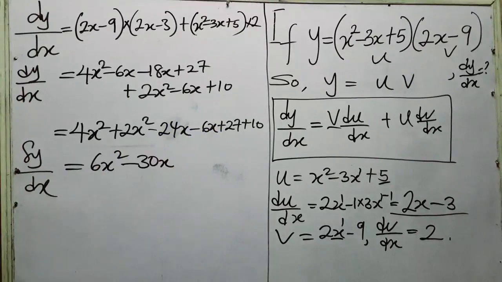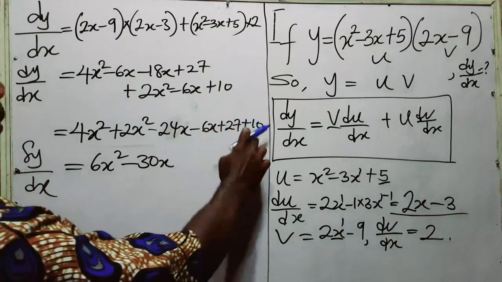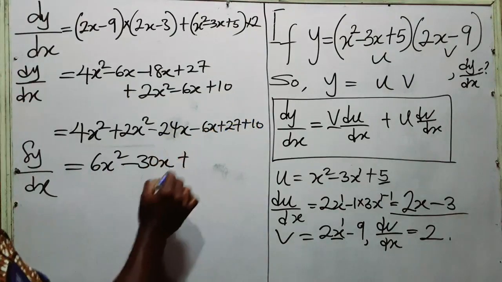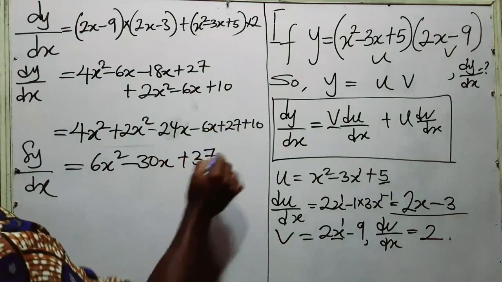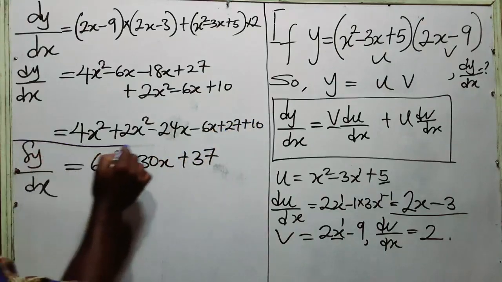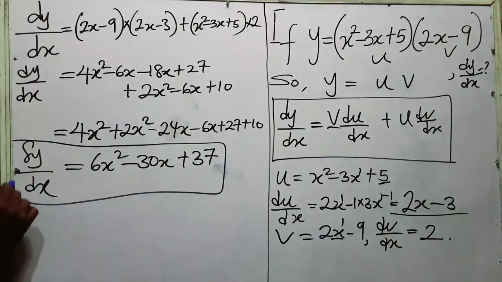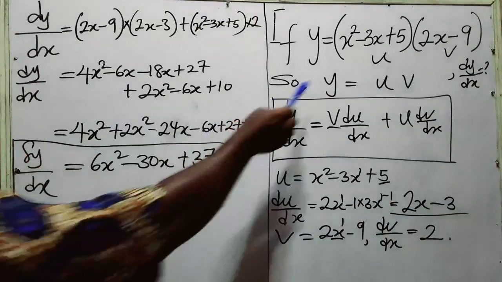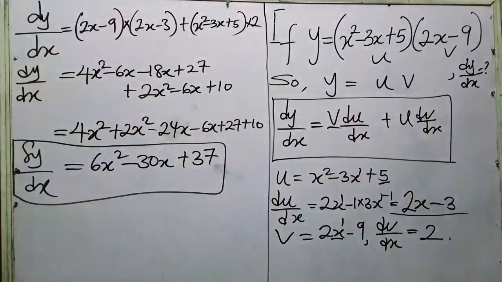Then 27 plus 10 will give us plus 37. So if we view it clearly, the derivative of this equation by applying the product rule is 6x squared minus 30x plus 37.